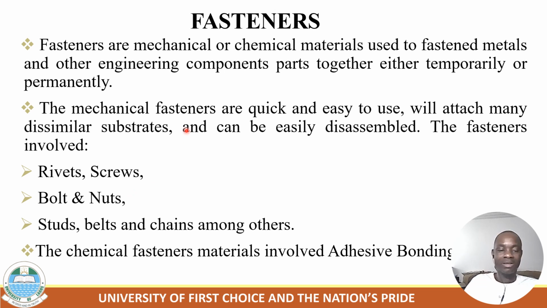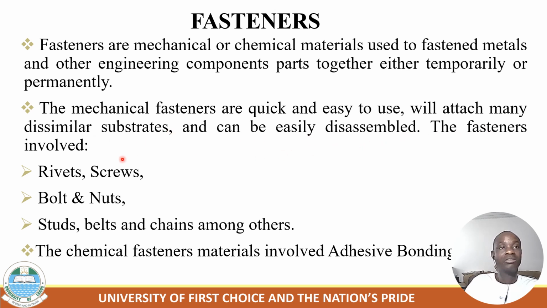Fasteners. Another metal joining method is referred to as fasteners. Fasteners are mechanical and chemical materials used to fasten metals and other engineering component parts together, either temporarily or permanently. Mechanical fasteners are quick and easy to use, will attach many dissimilar substrates, and can be easily disassembled.